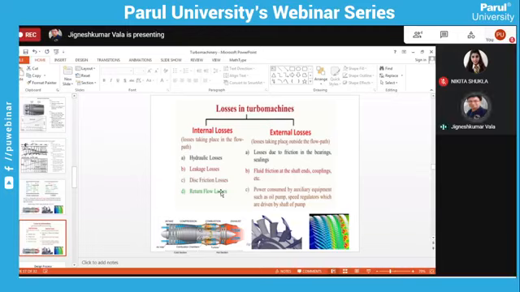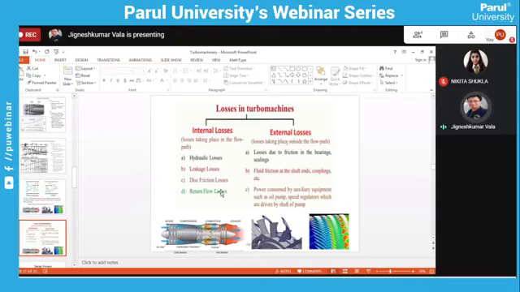And the external losses, taking place outside the flow path, are due to friction in the bearings, sealing, fluid friction at the shaft and couplings, etc., and the power consumed by auxiliary equipment like the oil pump and speed regulators, which are driven by the shaft of the pump.